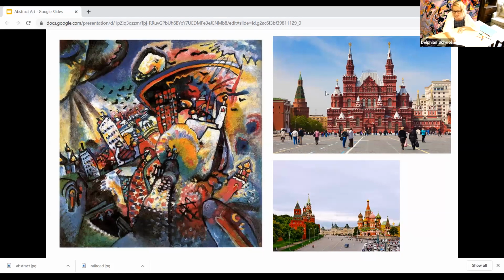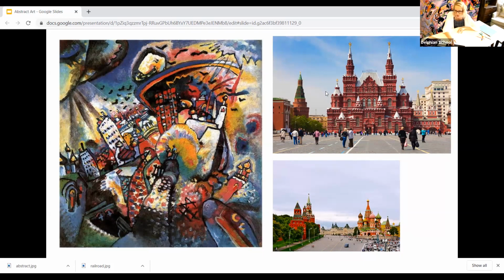Again, it's a very abstract adaptation of this real life place. If you look around, you can see the buildings that have these upside down onions on their roofs. You can start to pick apart things that are of the real thing, but he was very abstract in it, so that it doesn't look like real life.